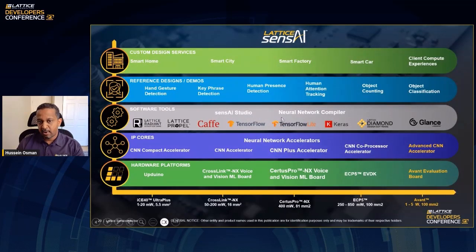This is our Lattice SenseAI stack. As I said, in order to enable easy implementation of AI use cases, vendors, including Lattice, provide a set of tools. These can be hardware platforms like the ones all the way at the bottom of this diagram.